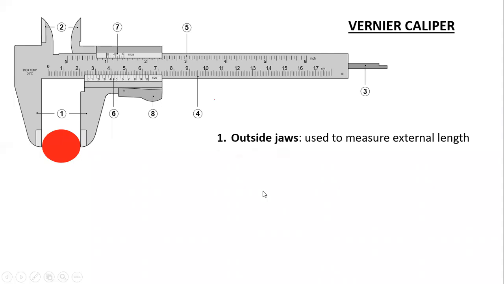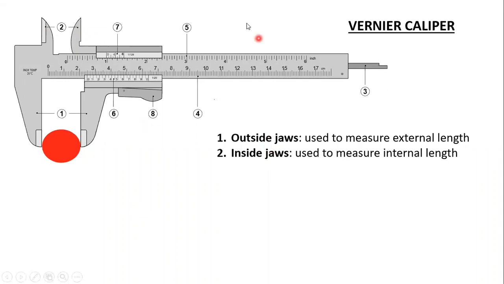Second, we have the inside jaws, labeled as number 2. They measure the internal diameter of cylinders. If you have a cylinder and want to measure its internal diameter, the blades of these jaws will touch the inner side of the cylinder.